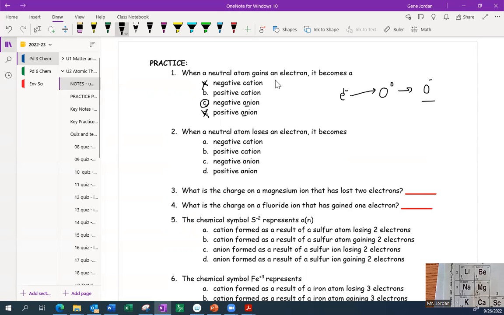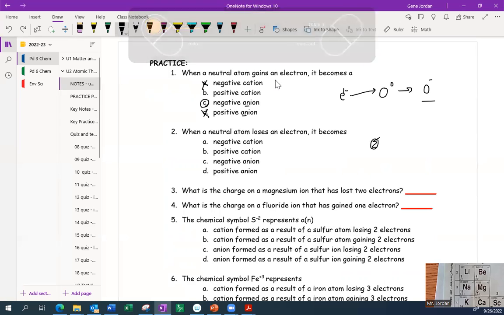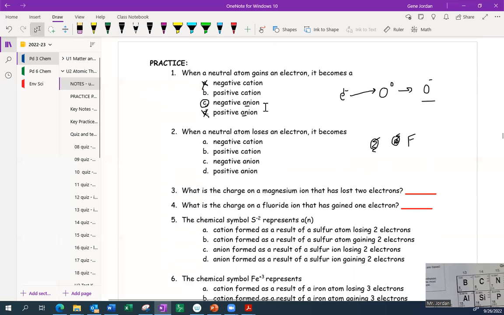All right, next one. When a neutral atom loses an electron. So it's a neutral atom, and then an electron. Let's say we have an atom of, let's say, oxygen. No, let's do something easier. Fluorine. And I'll show you why I chose fluorine, because if we look over at fluorine, you'll see it has an oxidation state of -1.